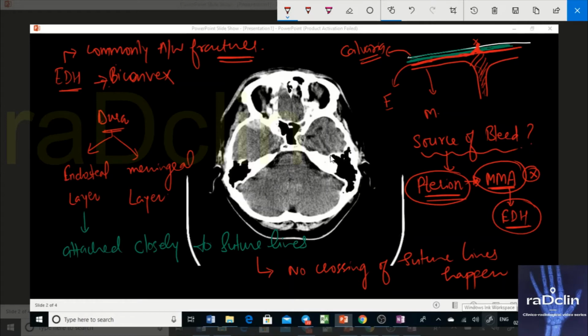But things are not that easy sometimes, that you see an EDH and classify it to be EDH. One more point that I would like to tell is that typically a homogeneously hyperdense EDH is definitely like this. Now one important point: you may see hypodense areas. Okay, if this is the EDH, and you see hypodense areas like this in this EDH, what does it signify?